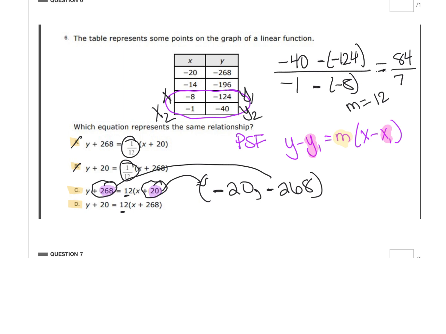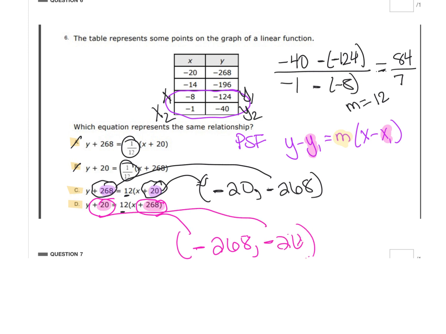Let's just check the second one. So looking at the second one, these are my points. Inside the parentheses is my x. So when I pull this out, I have a positive 268, so here I'm going to have a negative 268. Here, this is my y of a positive 20, so I'm going to have a negative 20.